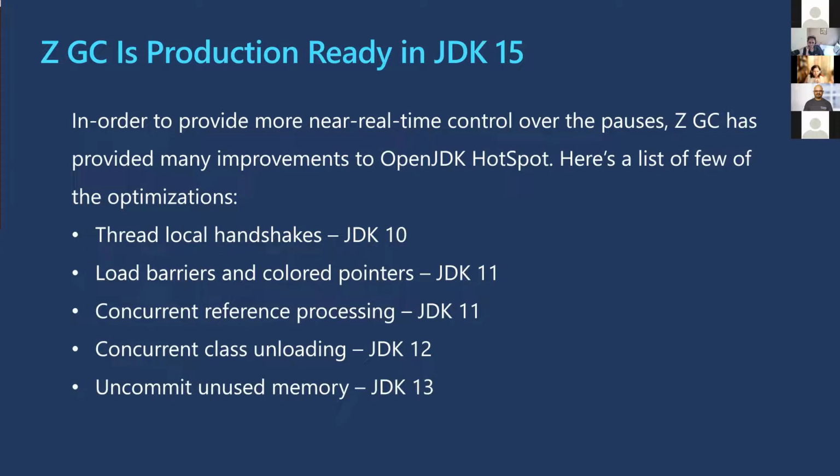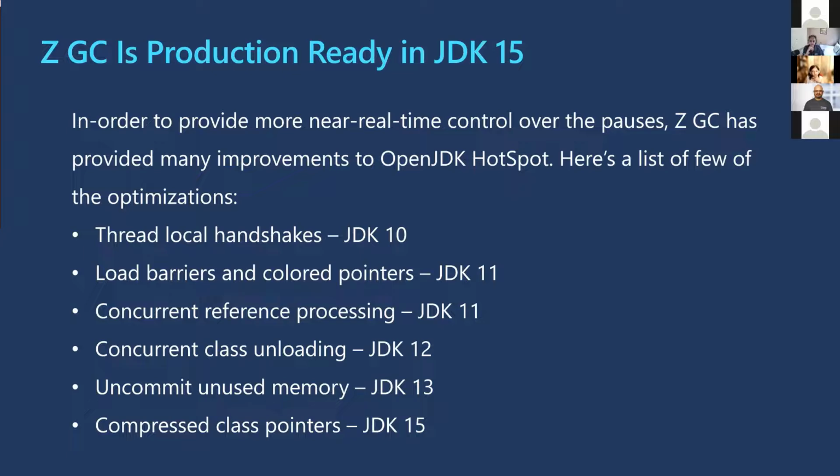Uncommitting unused memory, which I discussed briefly earlier, came in JDK 13, and compressed class pointers in JDK 15. So since JDK 10, these features have been included in ZGC, and over all these releases it has been time tested. With all that, the ZGC team thought that it's ready to go.